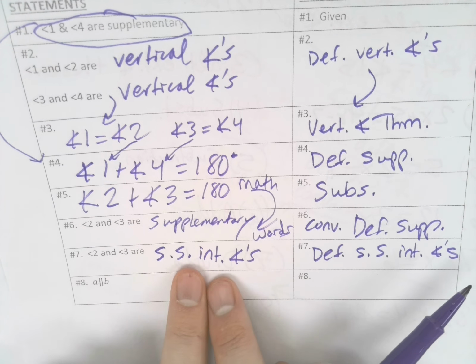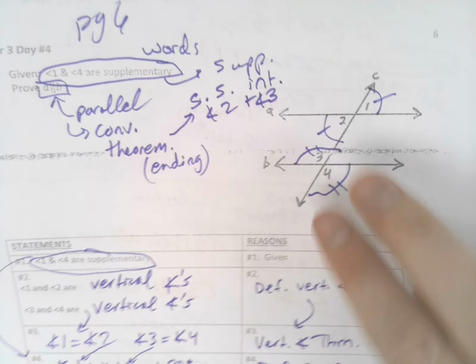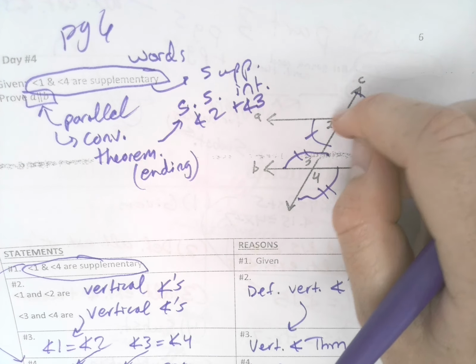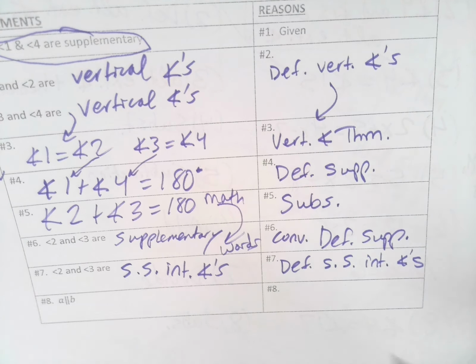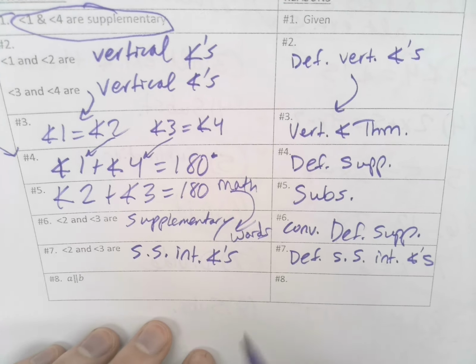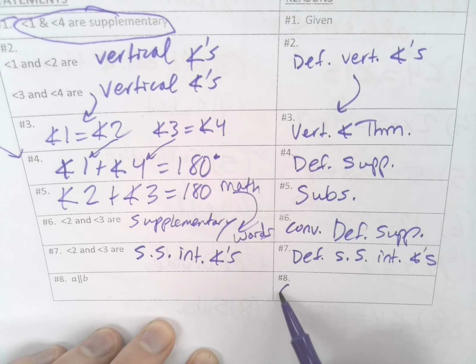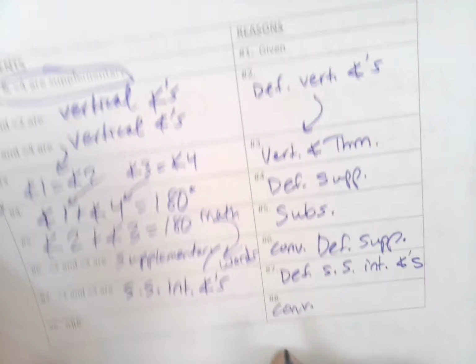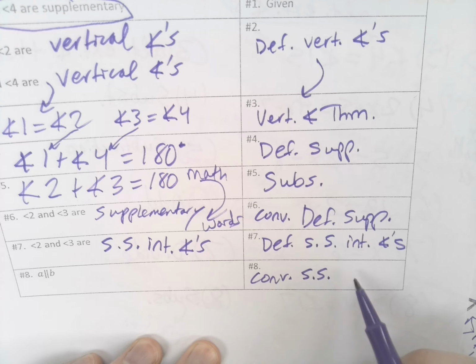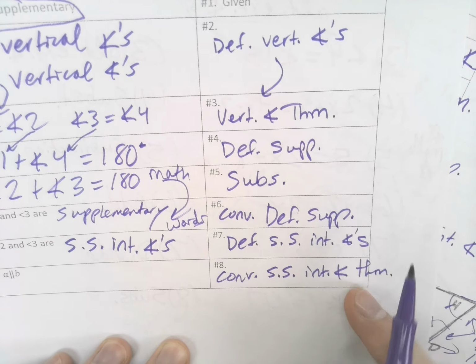If we know these are same side interior angles, that's going to lead right into us being able to say these lines are parallel. Because that's going to be adding up to 180. And so, if we're dealing with same side interior, we know it's going to be the converse. Remember, converse theorem? We got the converse same side interior angle theorem.